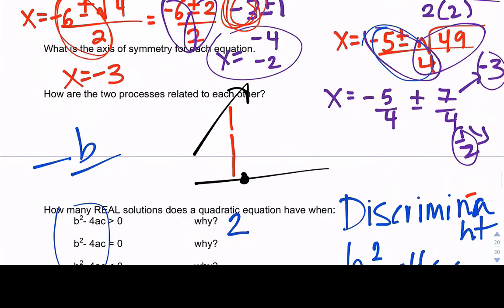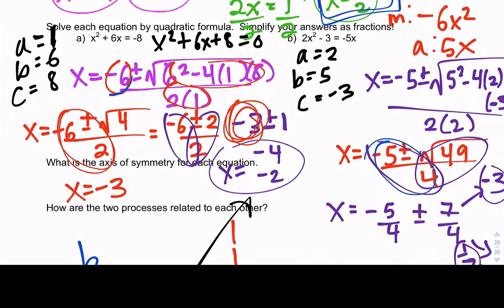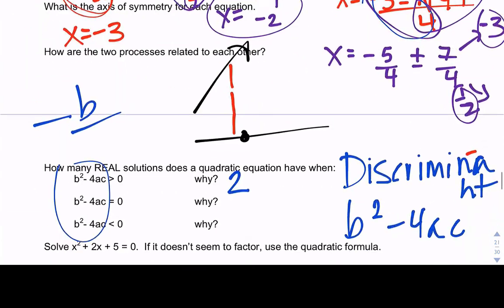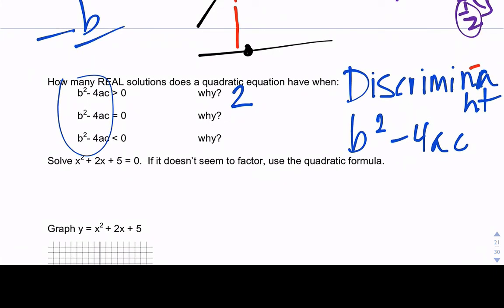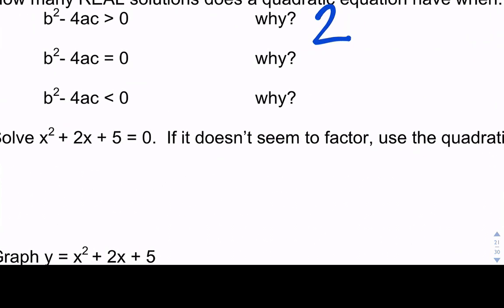So you have your opposite b, and you add or subtract a number, divide by 2, and you get two answers. When the discriminant equals 0, you only have one solution, and the reason is you have your opposite b, but you're adding 0 to that. And so when you have that plus or minus, it doesn't really matter. You just get one answer.